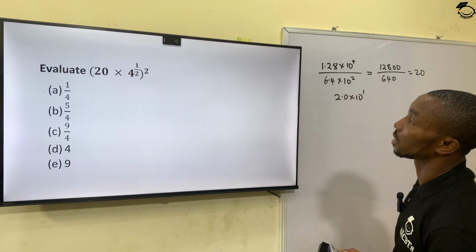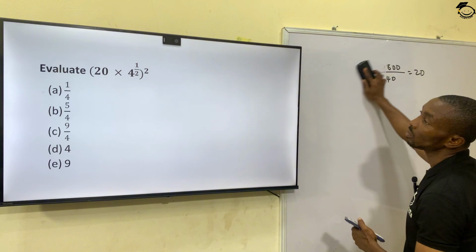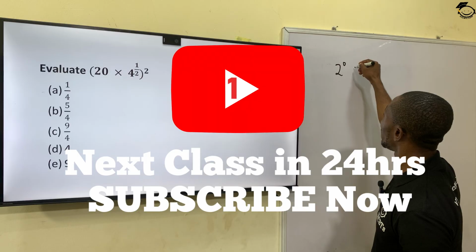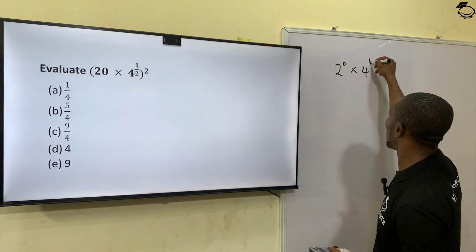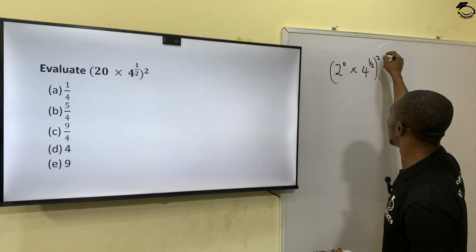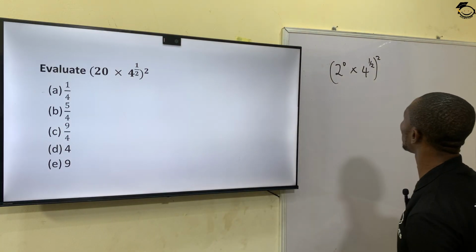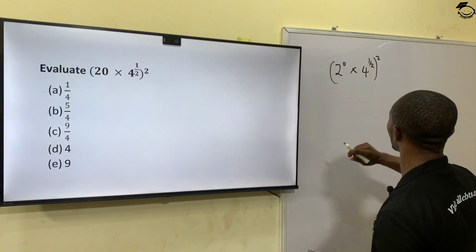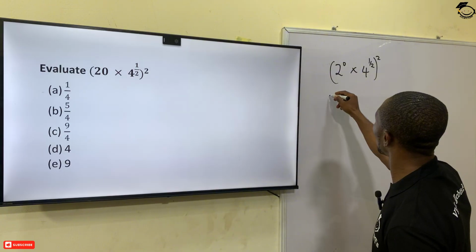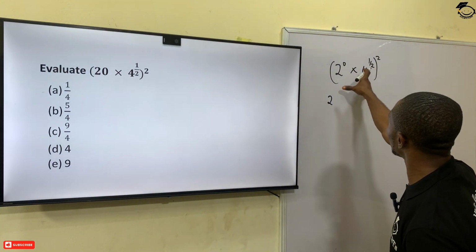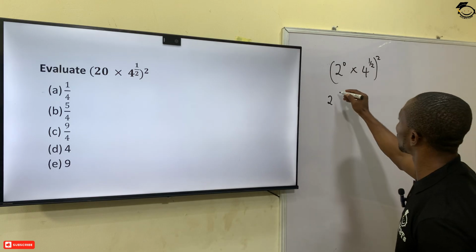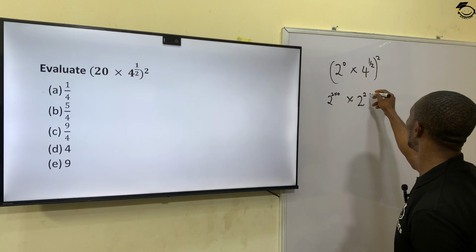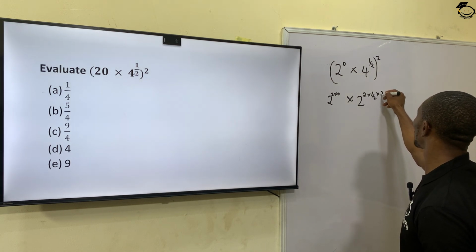All right, the next question says, evaluate 2 raised to power 0 times 4 raised to power half, all raised to power 2. Now, in evaluating this, first off, we know that anything raised to power 0 is 1. Applying the product law of indices, it becomes 2 times 0 times 2 raised to power 2 times half times 2.